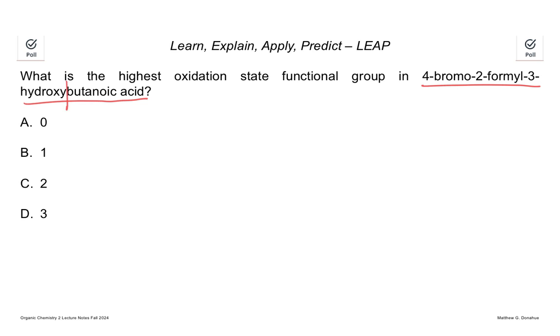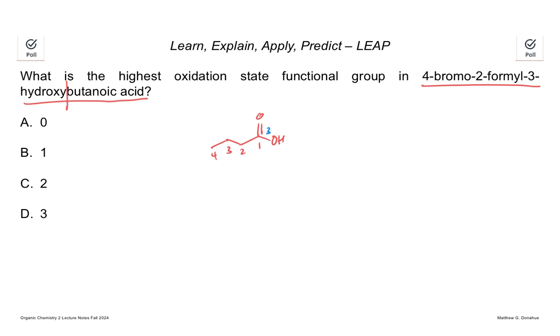The butanoic acid is the parent. If we draw out that structure, there's the numbering of the chain. In blue is the oxidation state, so carboxylic acid is the highest, so that's why it's the parent. And then from there, you just draw in the rest of your substituents.